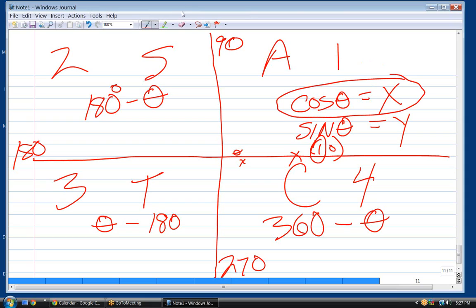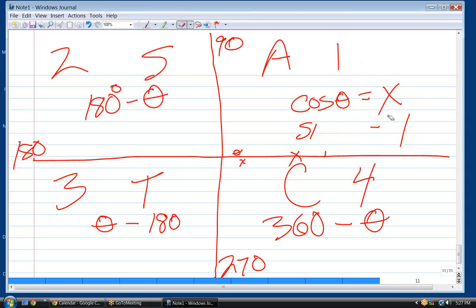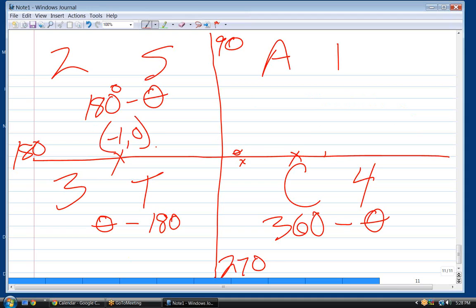Okay? So now, that allows you to figure out all of them. In other words, when I'm over there, at minus 1 comma 0, what is the cosine of 180 degrees? Negative 1. What's the sine of 180 degrees? No, it's the y coordinate. So the sine is 0.